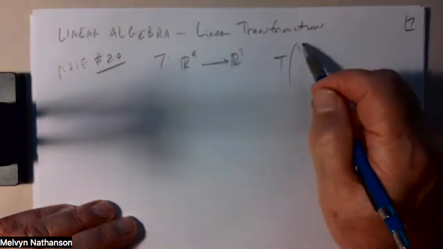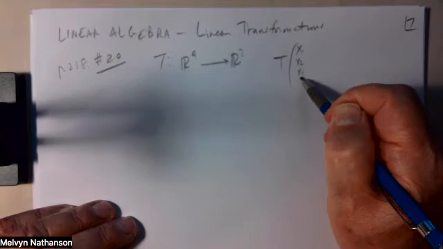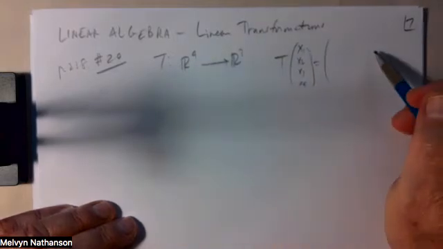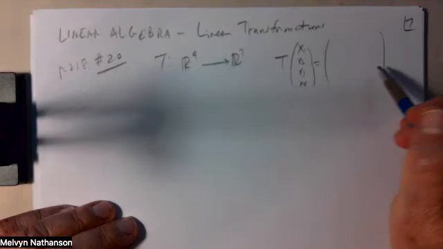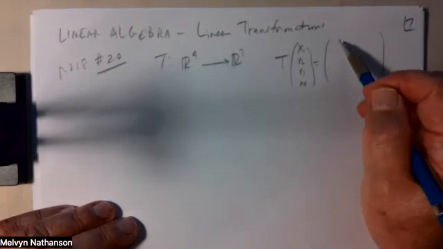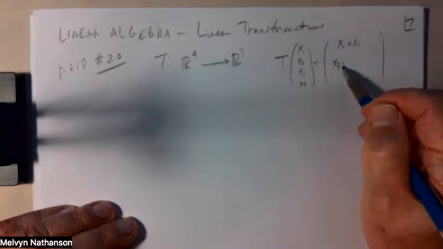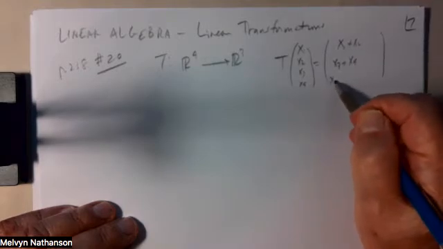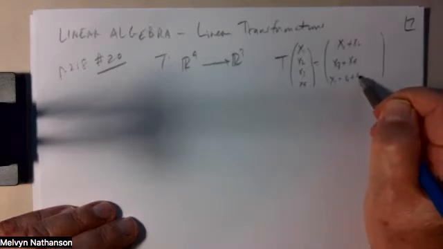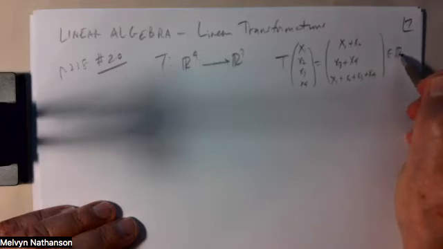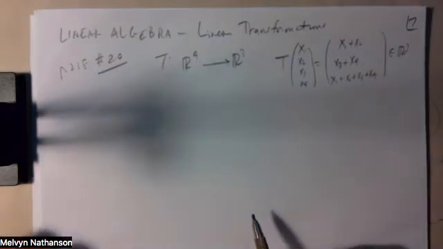If you take the vector x1, x2, x3, x4 in R4, we're going to get a vector in R3, so there will be 3 coordinates: x1 plus x2, x3 plus x4, x1 plus x2 plus x3 plus x4. So this is a vector in R3.